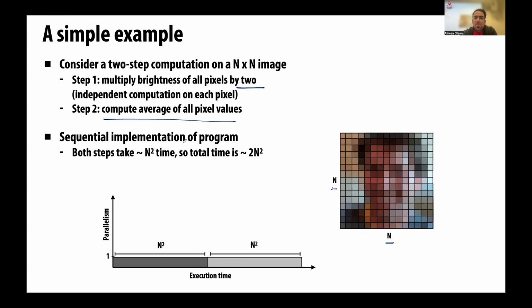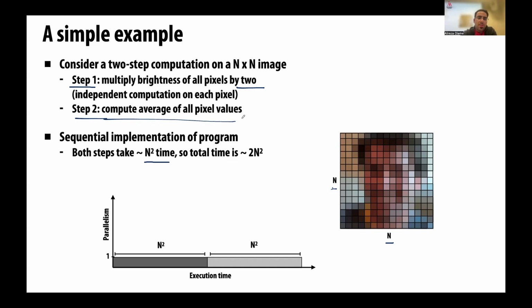So in the sequential implementation, we need n squared time to compute step 1, right? Because we have to go through all the pixels and then multiply the element by 2. And then in the second step of the program, we have to go through the pixels again, and then compute the average.